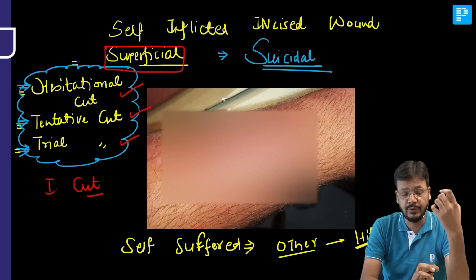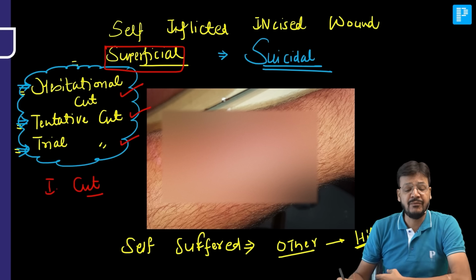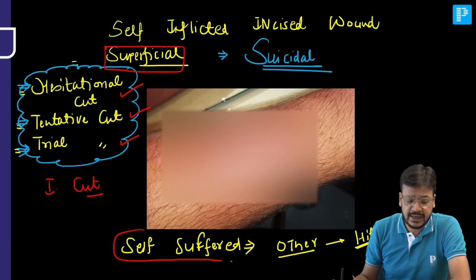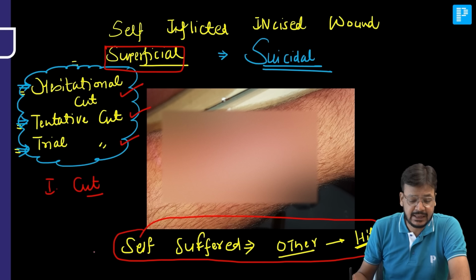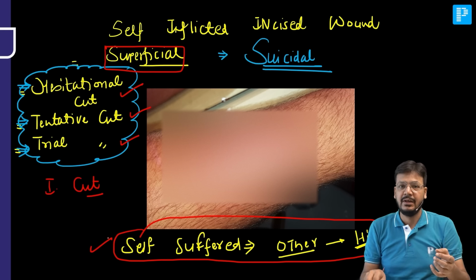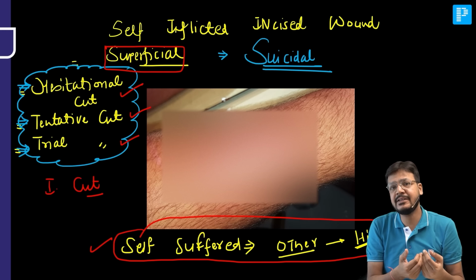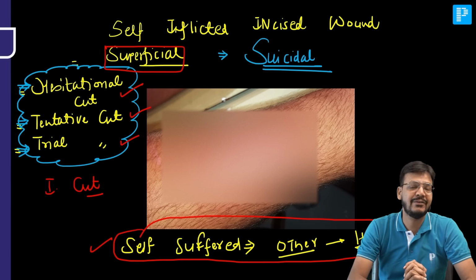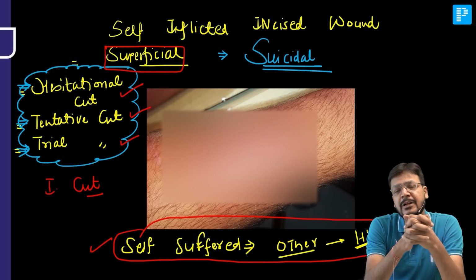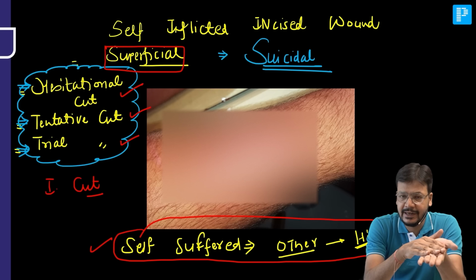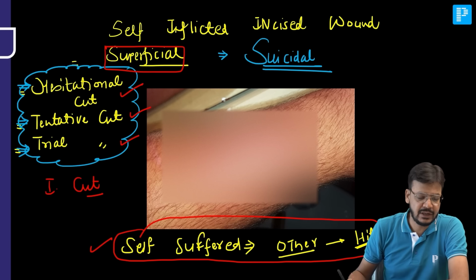These are suicidal wounds. These are self-inflicted. If another person hits you with your consent, that is self-suffered. See, if I hit my body, that is self-inflicted. But if I tell someone to hit my body, that is self-suffered. But anyway, multiple superficial suicidal self-inflicted wounds are hesitational cut, tentative cut, trial cut, or intentional cut, which are suicidal in nature.